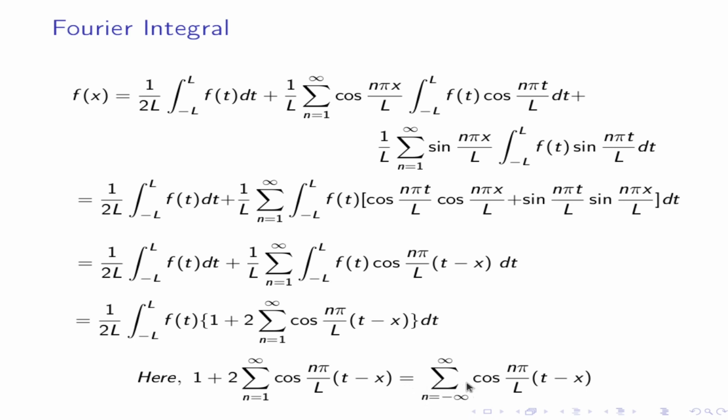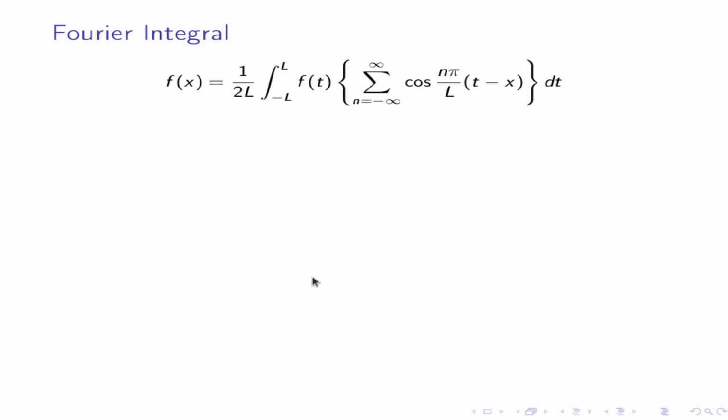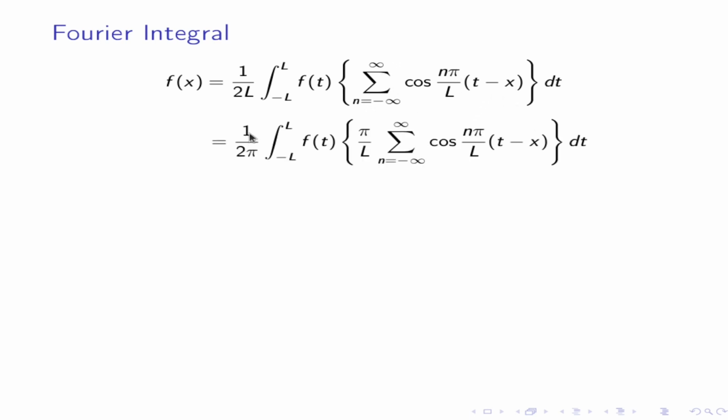So now we can substitute this value here. Therefore f of x is equal to 1 over 2L integral from minus L to L of f of t, summation over n equal to minus infinity to infinity cos n pi by L t minus x, into dt. Multiplying and dividing by pi and arranging, this is equal to 1 over 2 pi integral from minus L to L of f of t, pi by L, summation over n equal to minus infinity to infinity cos n pi by L t minus x, into dt.